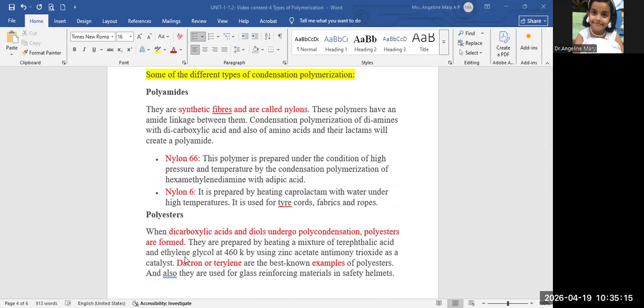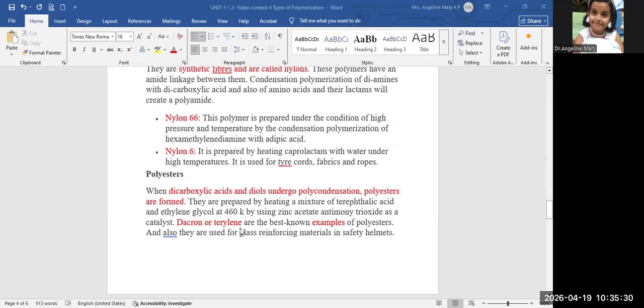Polyesters are prepared by heating a mixture of terephthalic acid and ethylene glycol at 460 Kelvin using zinc acetate and antimony trioxide as a catalyst. Dacron or Terylene are the best known examples of polyesters.